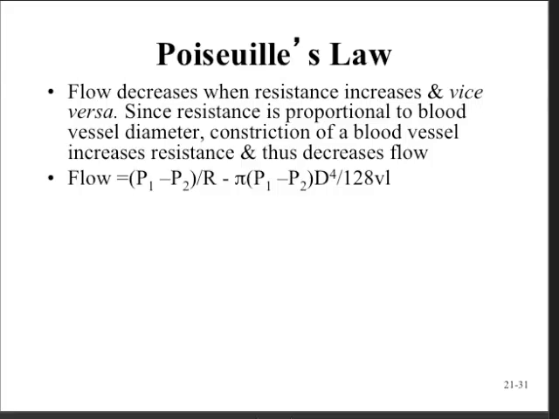If we substitute in the expression that we saw in the previous slide, taking into account diameter, resistance, length of the vessel, and viscosity, we generate this new statement of flow: pi times delta P times D to the fourth over 128 times the vessel length times the viscosity as a statement of the amount of flow.